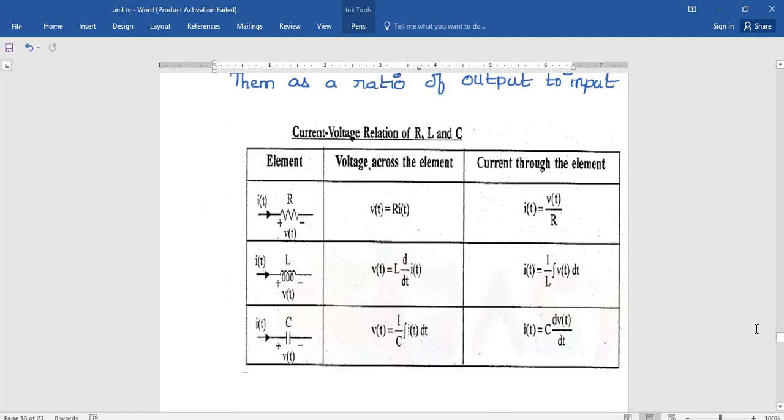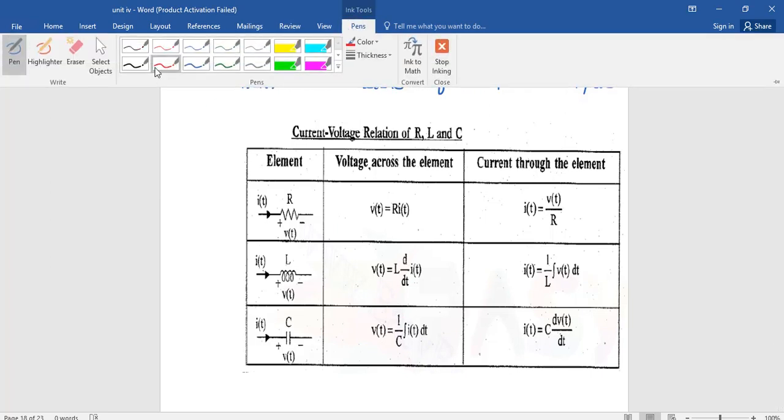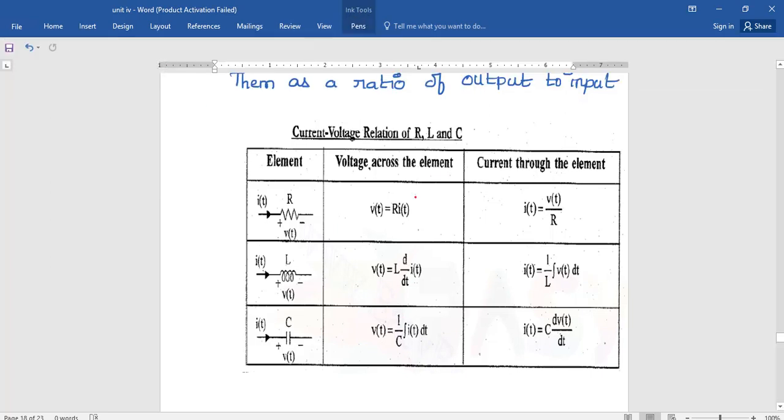Now this table shows the relation between voltage and current in a resistor. In the first block we have a resistor.